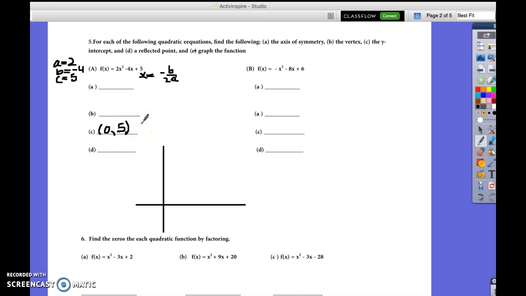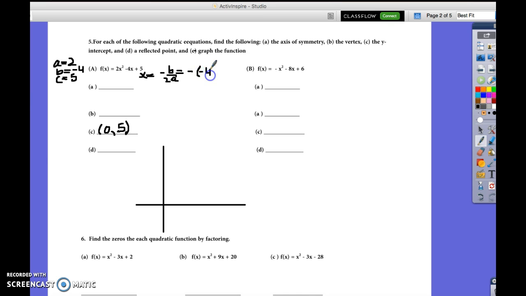Alright, let's come back now to our axis of symmetry. This is the formula for the axis of symmetry, negative b over 2a. So you've got to remember that. Say that with me. The axis of symmetry is negative b over 2a. Okay, axis of symmetry is negative b over 2a. So here we go. Negative, and the b itself is negative 4.